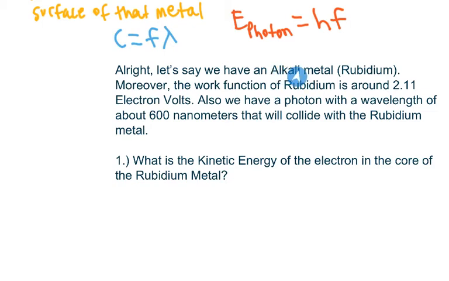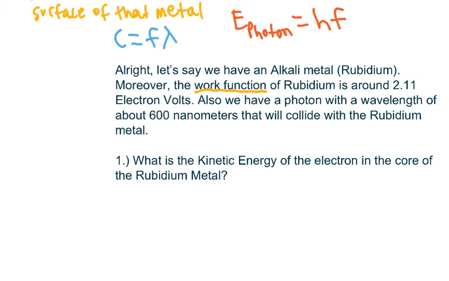Moreover, the work function of rubidium, now we know what work function is, the amount of energy it takes to free that electron so that it becomes a photoelectron, is around 2.11 electron volts. Also, we have a photon with a wavelength of about 600 nanometers, and that photon will collide with the rubidium metal.